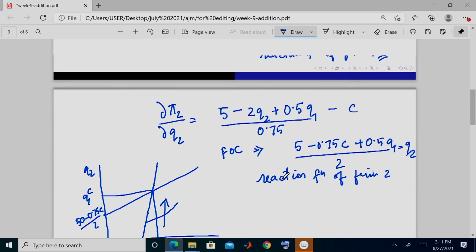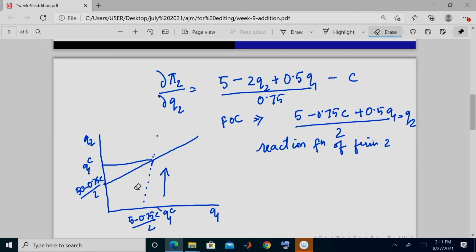So, it is going to be negative. It will be like this. So, it is 0 at this point. So, these are the isoprofit curves of firm 1 and the Stackelberg outcome is going to be some point here.